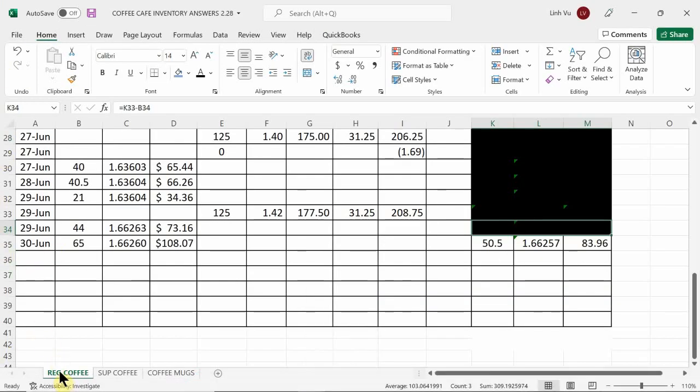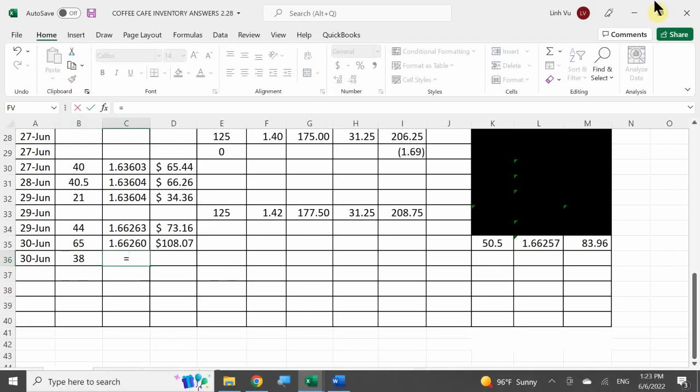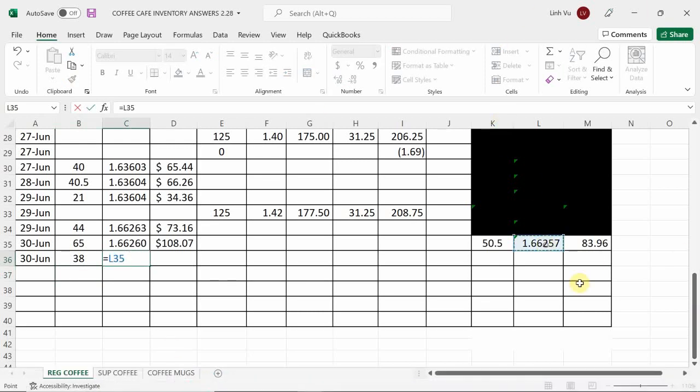So regular coffee, here we are, 630 pounds. We used up 38 pounds at $1.6657, which gave us a grand total of $63.18 that we used. So we need to subtract out our total amounts here.